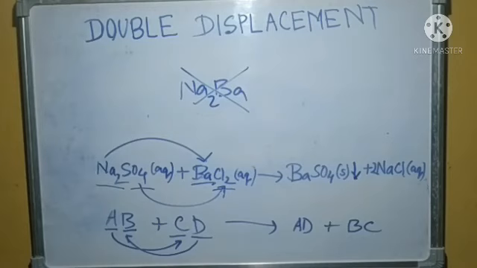A displacement reaction, you will identify when a new metal is being added to a solution of a compound, and you will see that on the product side we are getting a different compound, and one metal is being displaced by the added metal. Such a reaction is known as a displacement reaction.